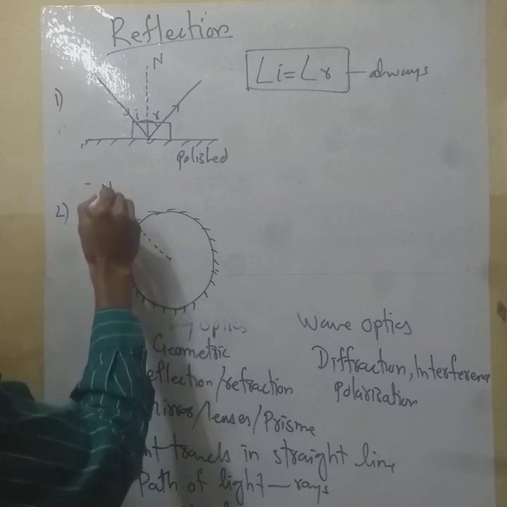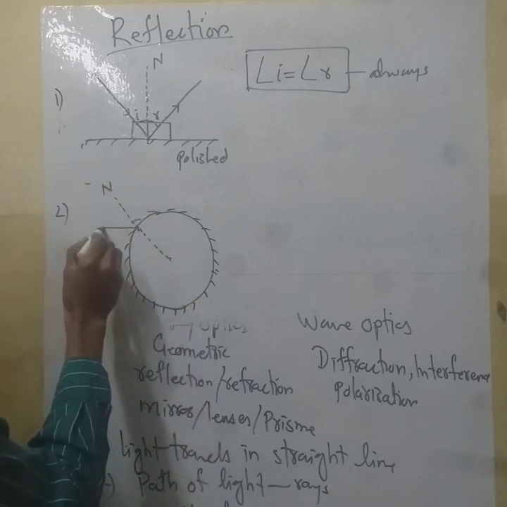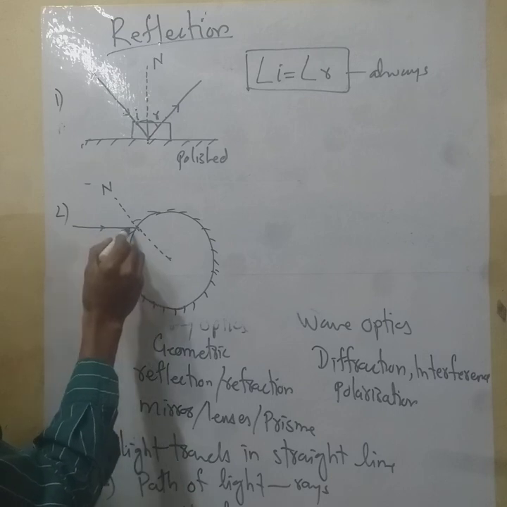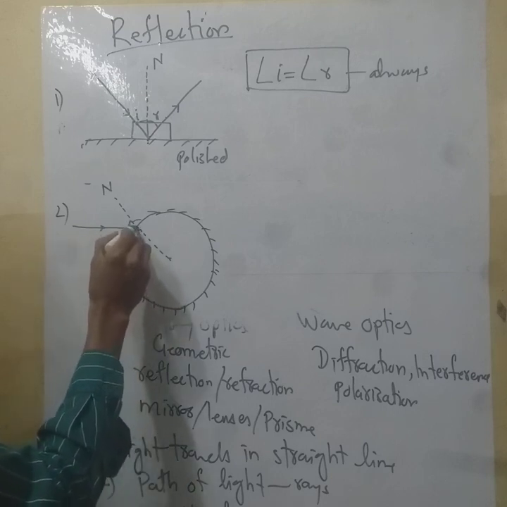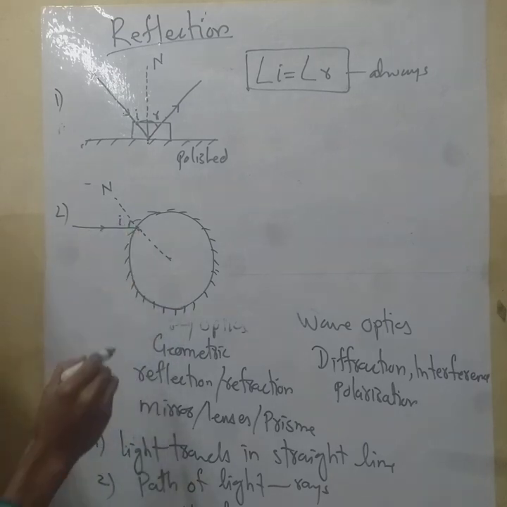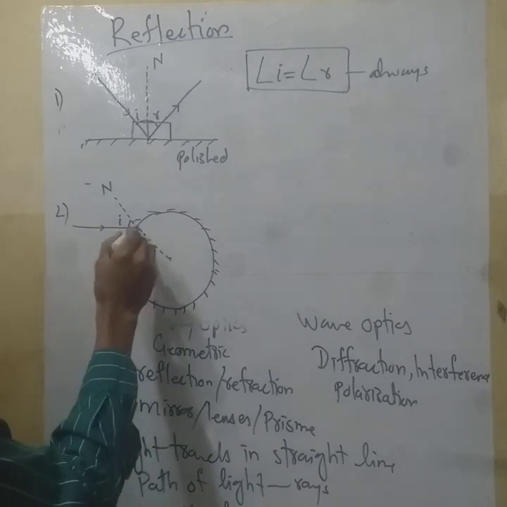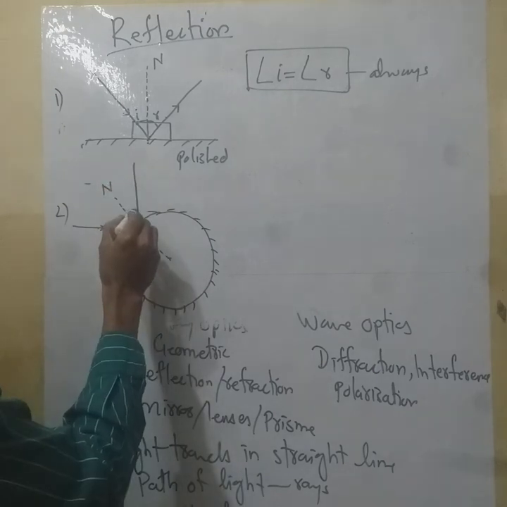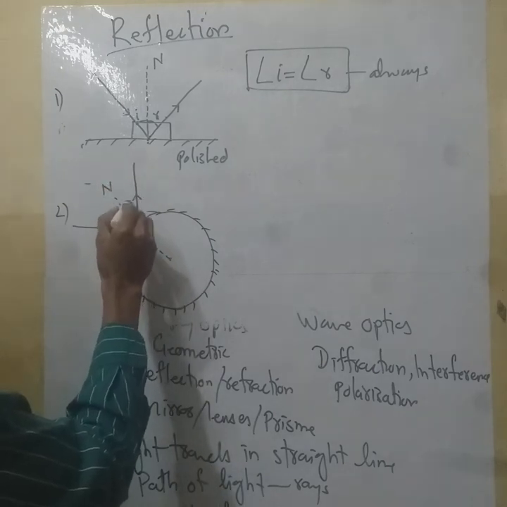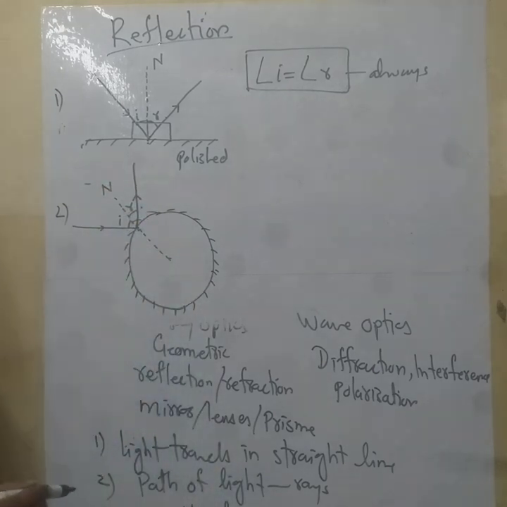This is the normal, and a ray of light is incident on this spherical surface making an angle of incidence i. This ray of light gets reflected with the same angle, that is the angle of reflection. In this way light gets reflected from this spherical surface.